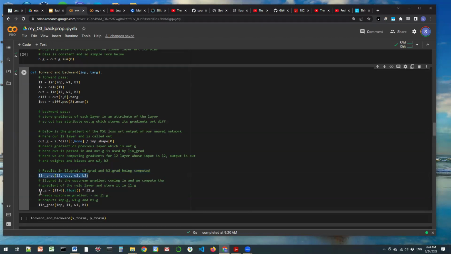We keep going back. The next is to compute the gradient of, go ahead, Mike. Yeah, a question? .g and .grad are 2 different patterns of referring to the same variable, or? There is no .grad at this point. Right now, we're just storing the gradient in attributes called .g.